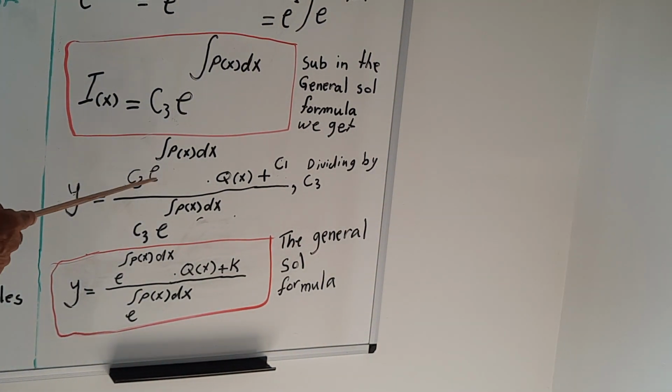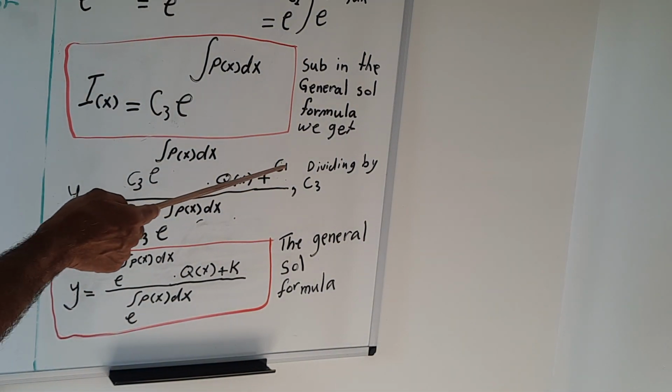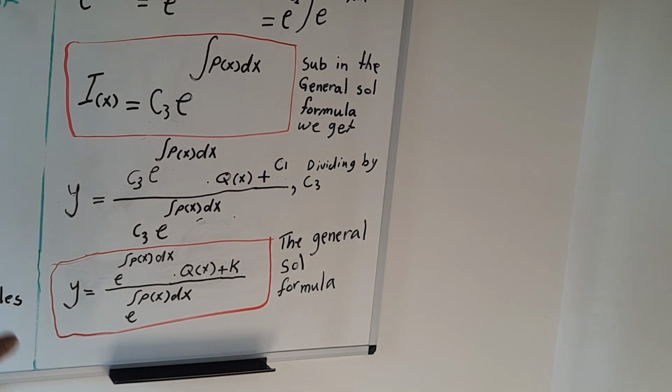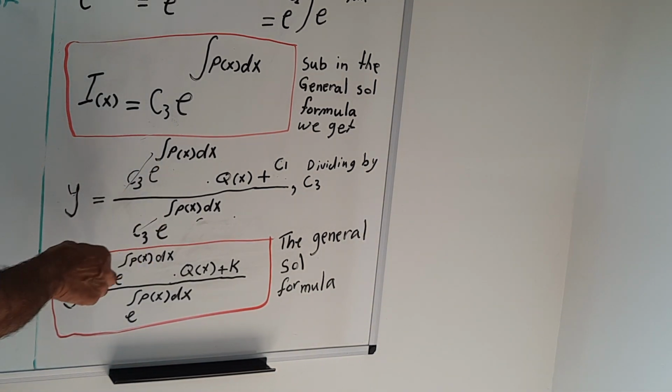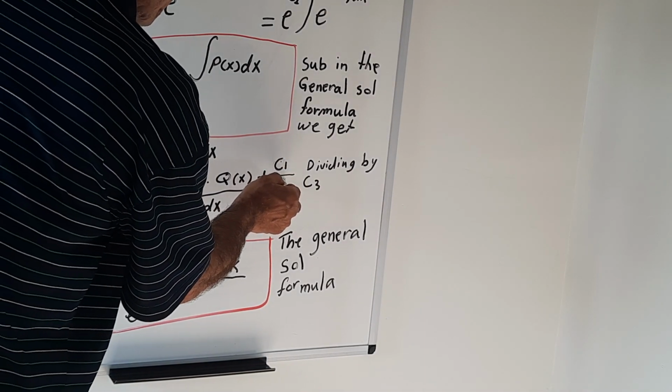We divide by C3, so this one will cancel, and this one over C3.